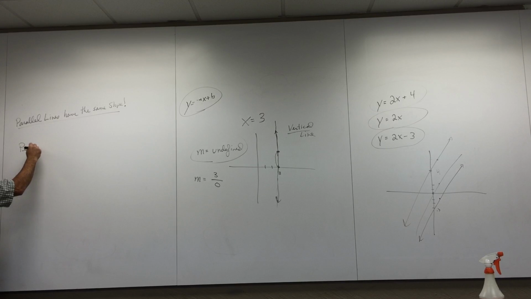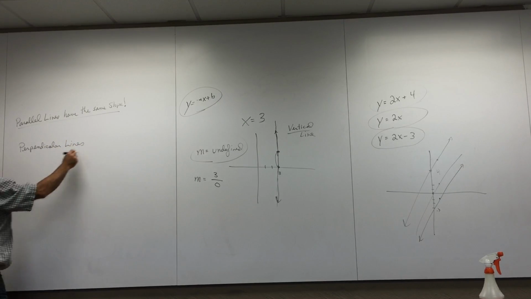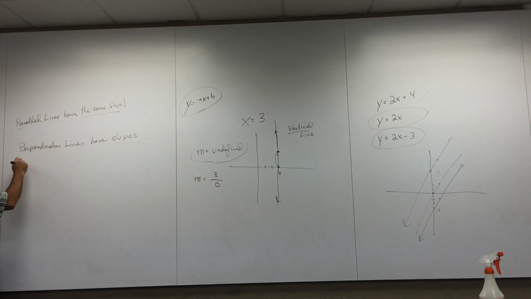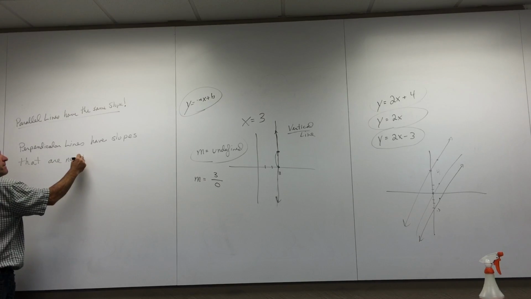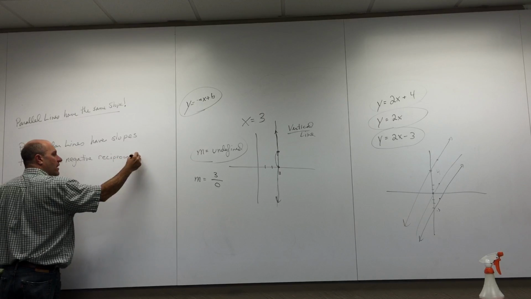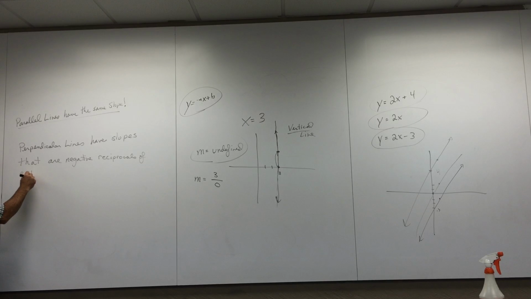Perpendicular lines meet at a right angle, or a 90-degree angle. Perpendicular lines have slopes that are negative reciprocals of each other.